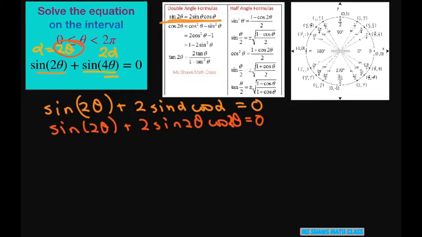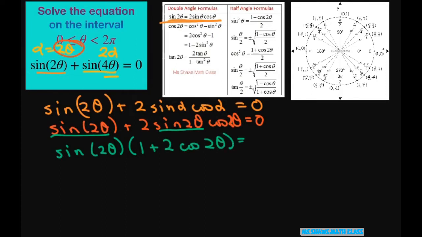Now we're going to factor out the sine of 2 theta here. If you do that, you're going to get sine of 2 theta times 1 plus 2 cosine of 2 theta equals 0. I'm going to split this up and solve for each one.